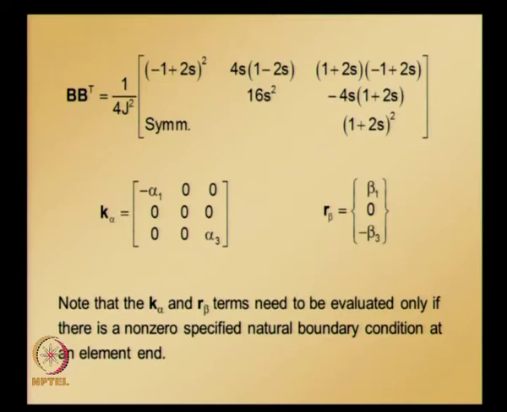So, now we have the element equations for a quadratic element for a general one dimensional boundary value problem. Now we can look at applications of this, and we will solve the same column buckling problem that we solved using the element equations corresponding to the linear element.